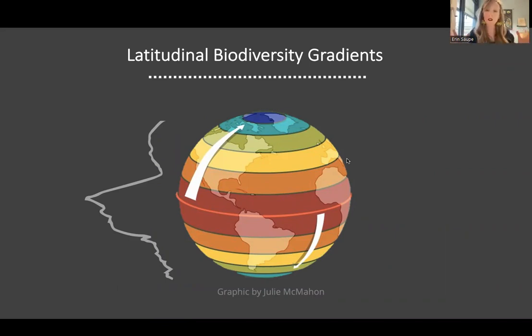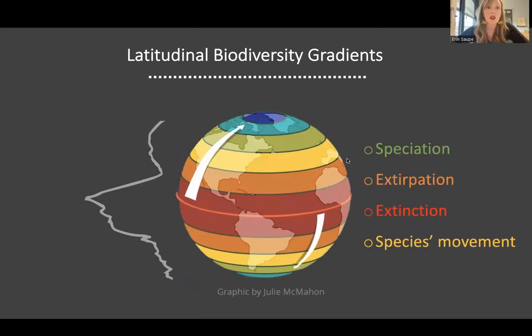But despite all of this intensive work, there's still a lot of debate about the causes and the causal mechanisms behind LDGs. And ultimately, when thinking about causal mechanisms, they boil down to, and they have to invoke, differences in regional rates of speciation, extinction, local extirpation, and the movement of species into or out of regions.